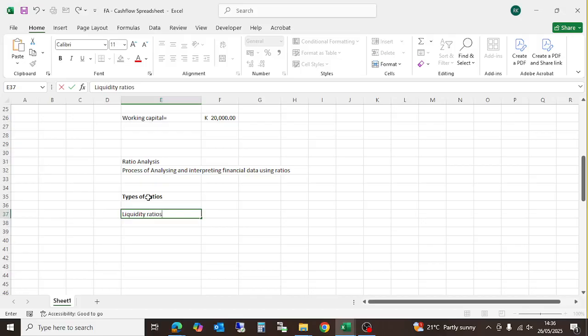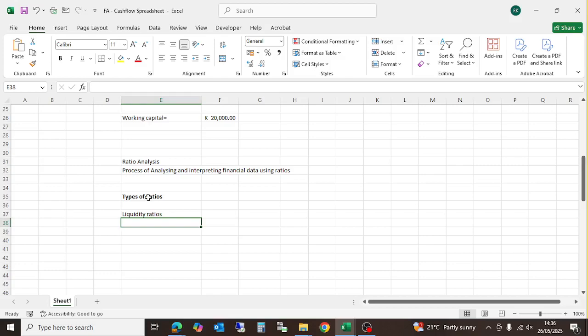The first type is the liquidity ratios. Under the liquidity ratios, we find ratios that show us if our business has enough liquid resources. By liquid resources, I'm talking about cash or cash equivalents, items that are either cash, which is money, or items that we can easily change to cash.